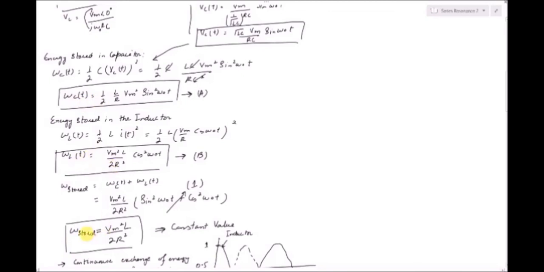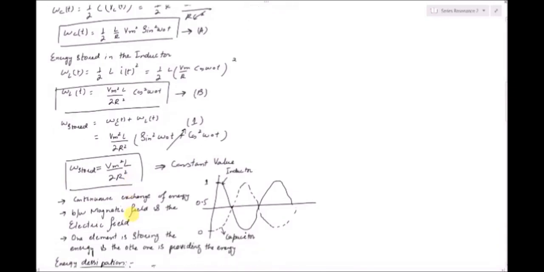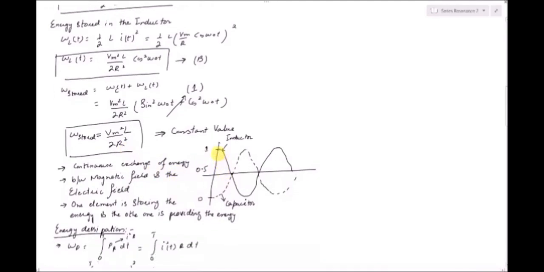We got a constant value, and it defines that at any given instant in the RLC circuit we have a constant energy stored in the whole circuit. So if the energy in the inductor is decreasing, the energy in the capacitor will be increasing at the same time, but the total energy will be constant.